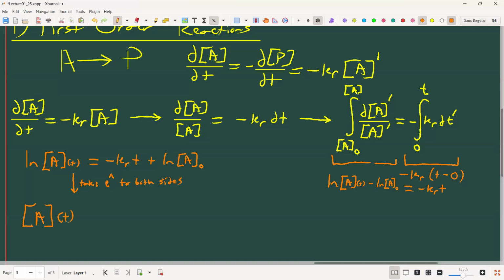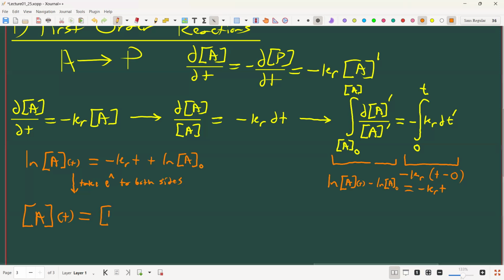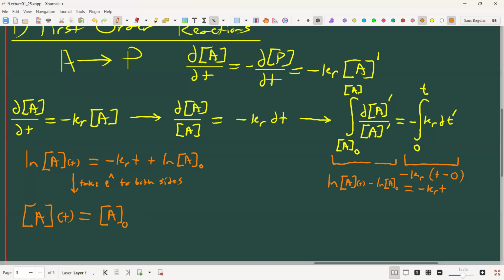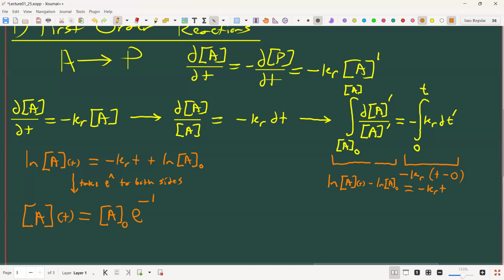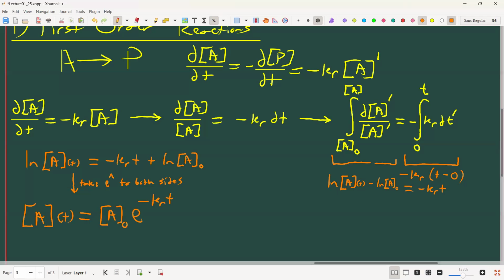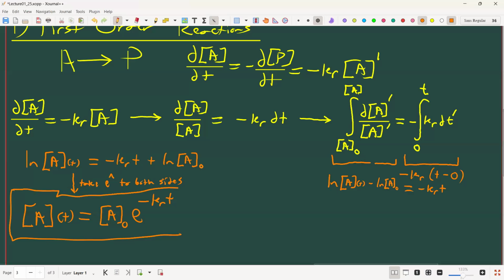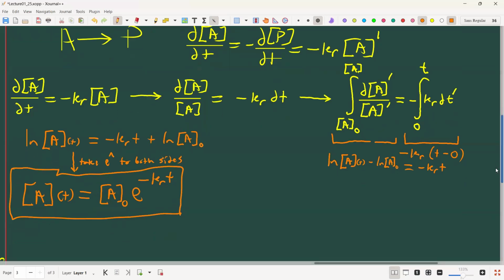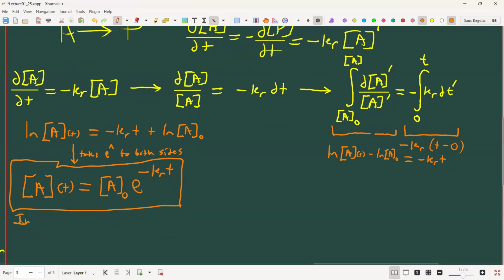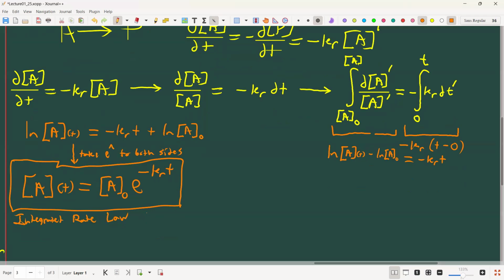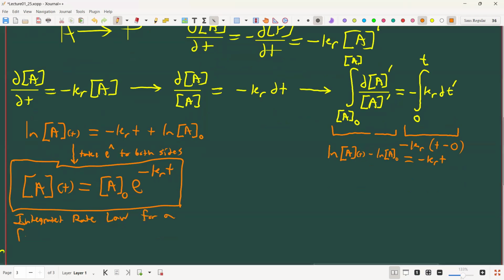So the concentration of A as a function of time is going to be e to the rest of that. And with a little bit of math, that's going to be the initial concentration times e to the minus kRt. So this is what's called the integrated rate law for a first order reaction.